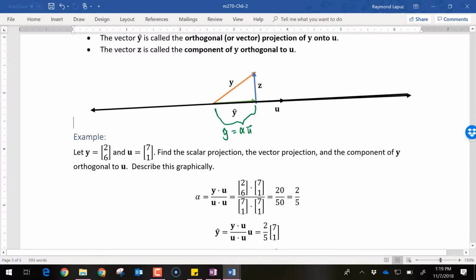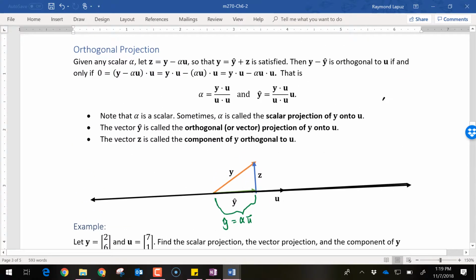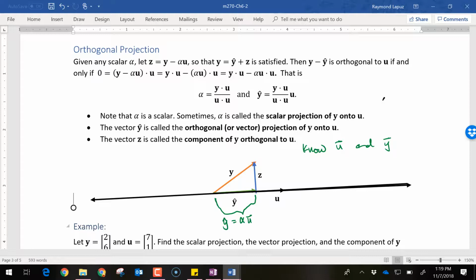And I think the point here is that in the beginning, you would know u and y. You know what u and y are, and then you want to find z.